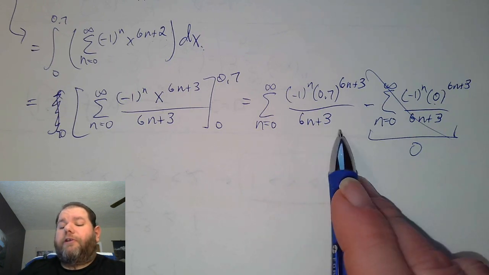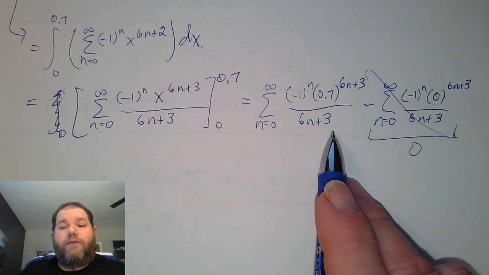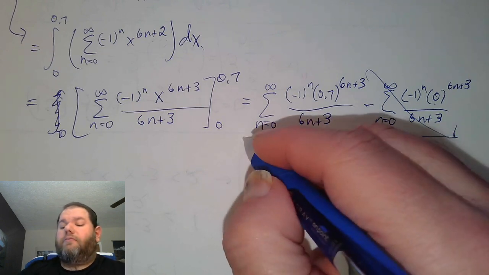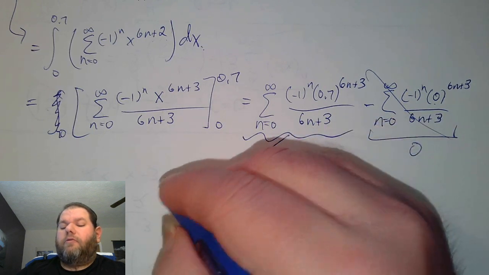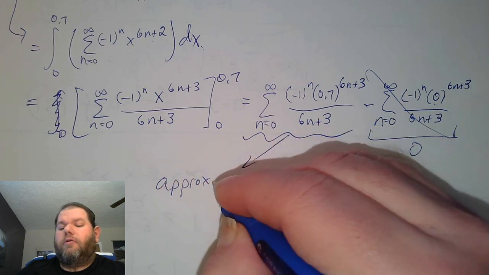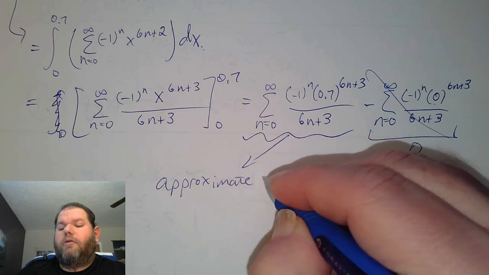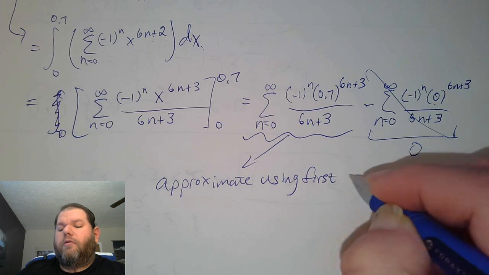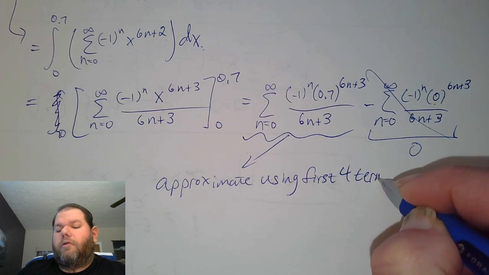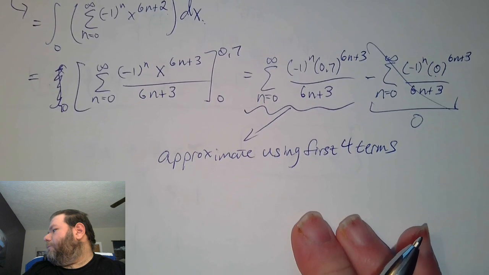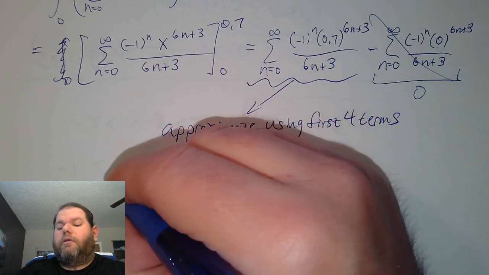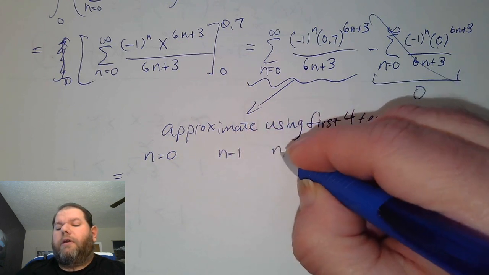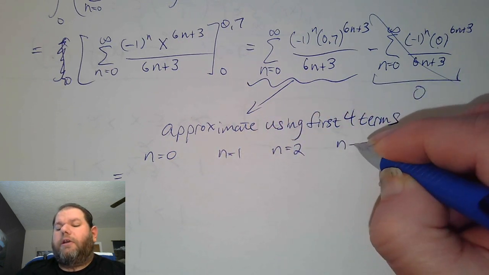So now we just have to approximate this power series using the first 4 terms of that series. So n equals 0, n equals 1, n equals 2, and n equals 3.